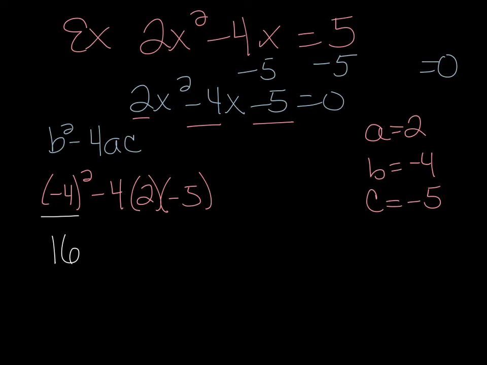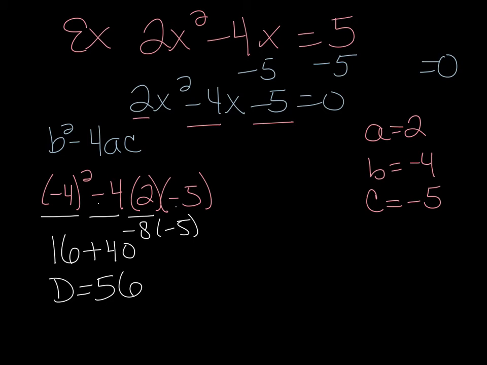And then this next piece, all 3 numbers are multiplied together. Here I have a negative 4 times 2, so negative 8 times negative 5, which would give me positive 40. So here I'm going to be adding 40. Negative times a negative gives me that positive number. So we get a discriminant of 56.